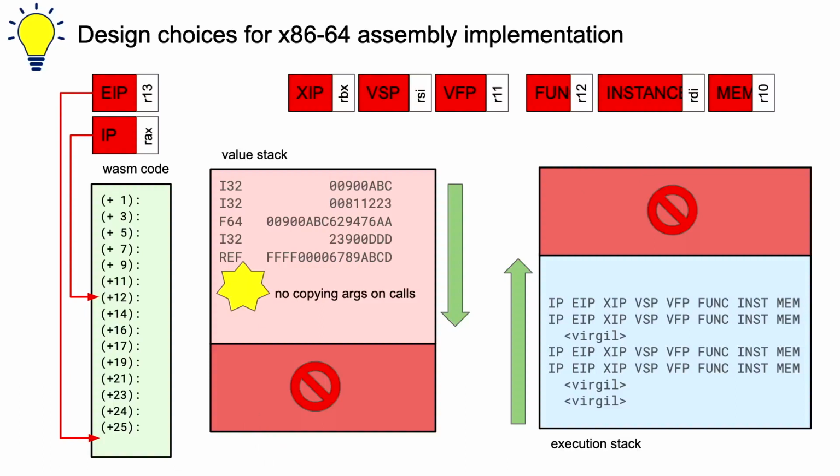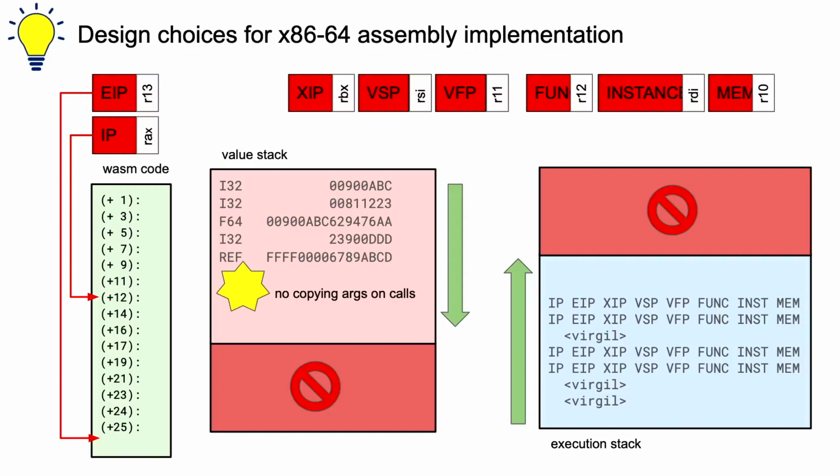Oh yeah, there's another trick here. This has to do with the numbering of how Wasm locals and the operand stack work. When you make a call in Wasm, you push all the arguments that are going to go to the function onto the operand stack, and then you call the function. If that's an indirect call, the function you're calling is the last value. If it's a direct call, it's an immediate in the bytecode.